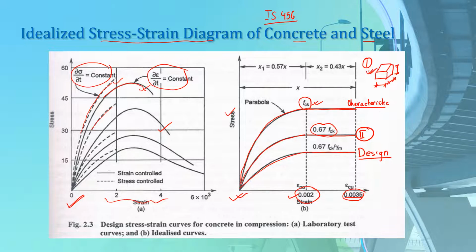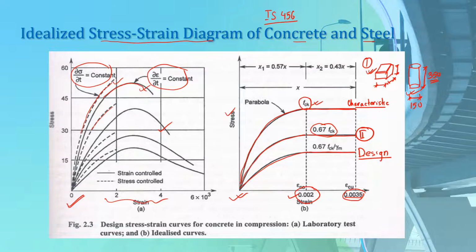Whereas if you compare this with British or European codes, those codes say that to perform the lab test of concrete, we have to construct a cylindrical mould, which is generally 150 mm in diameter and 300 mm in height.